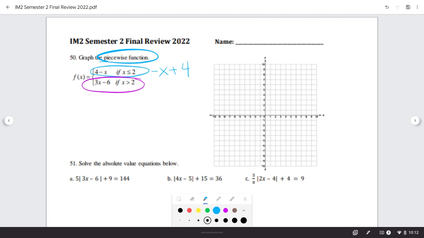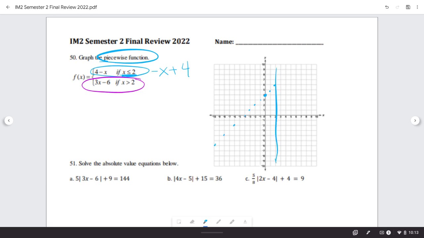Notice it's less than 2. Right here it says x is less than or equal to 2, so that's where it's going to stop. So negative x plus 4, I'm going to go up 4 and make a point, and then it's a negative slope. And I'm going to stop at 2 right here.